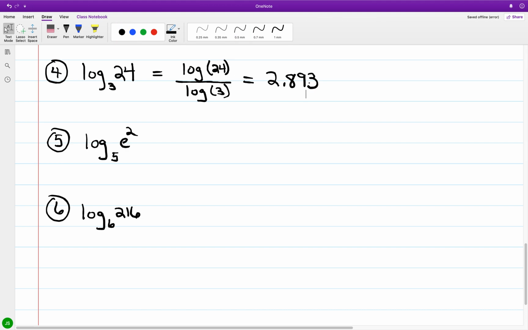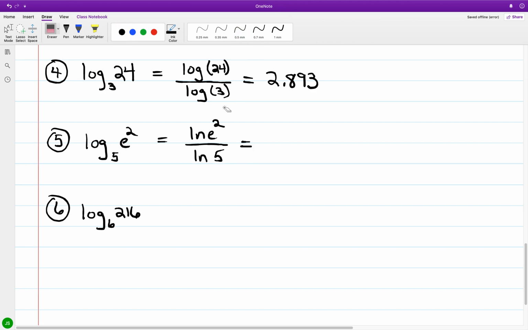In the case of number 5, we had the base 5 logarithm of e squared. And again, there are various ways that you can work with this, and I'll show you 2 different ways. If we go with the natural logarithm, you have the natural logarithm of e squared all over the natural logarithm of 5.